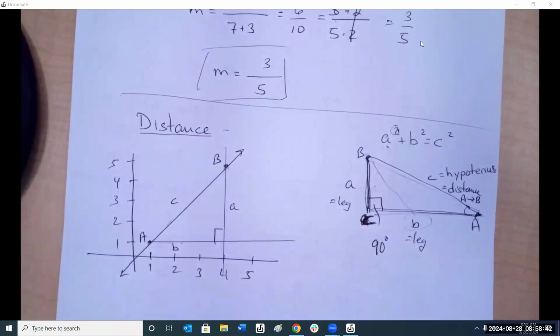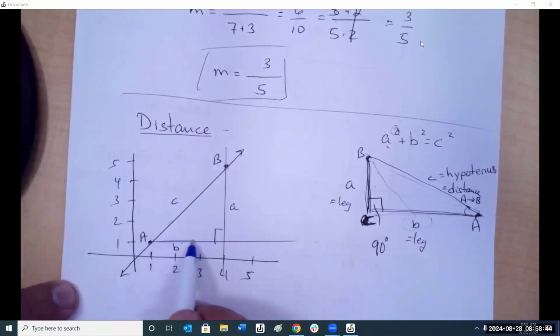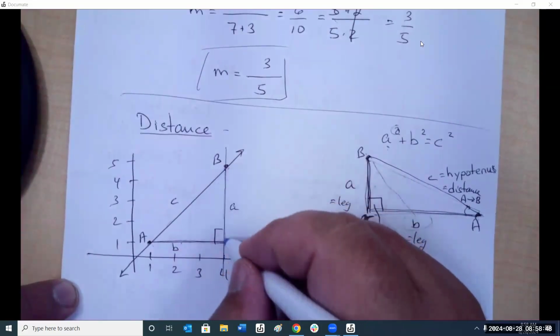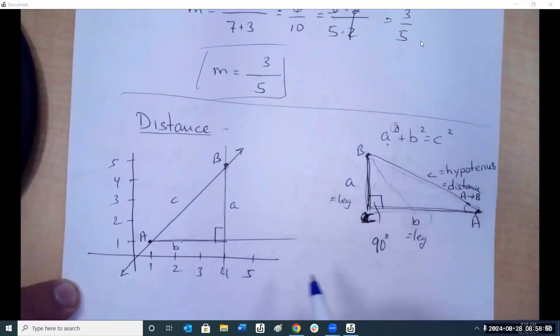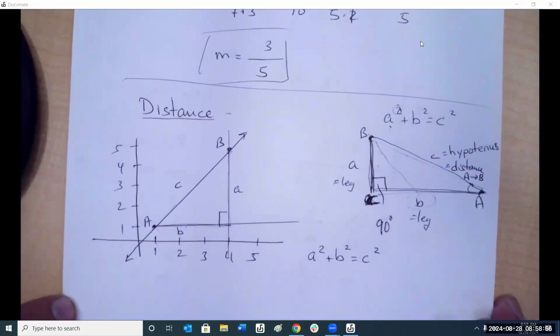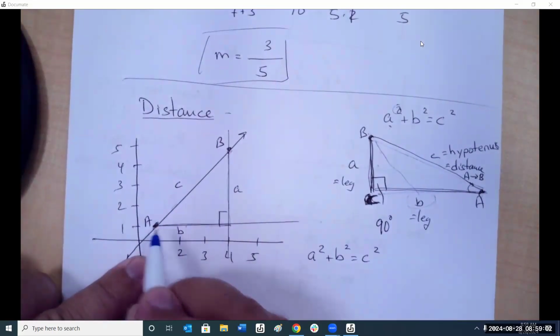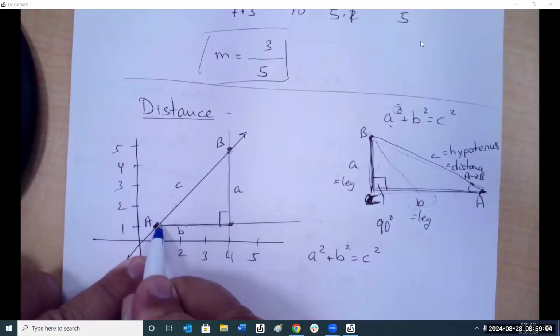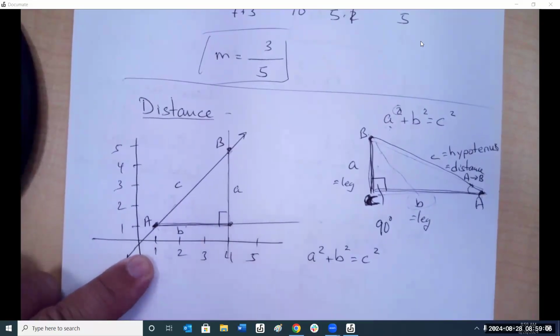So the question is, how long is b? How long is a? Because we need to know those to use our formula. Not 4 squared by 4 squared. Basically, we're looking at from this point to this point. How far is that? 3.